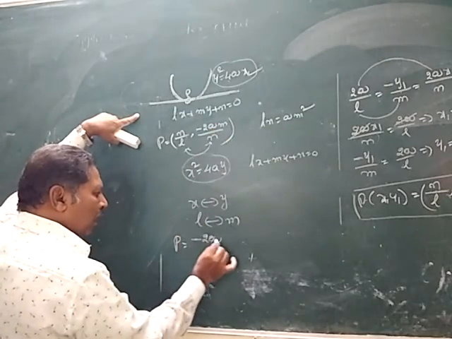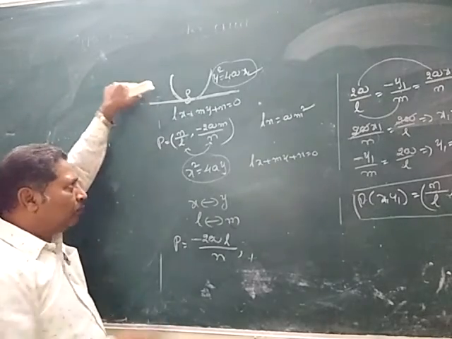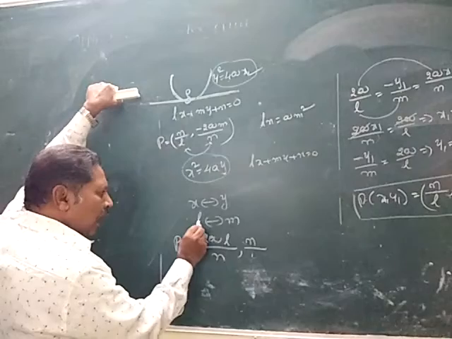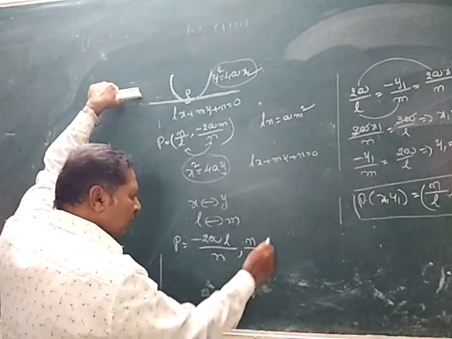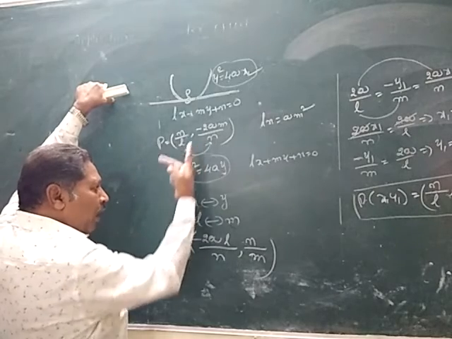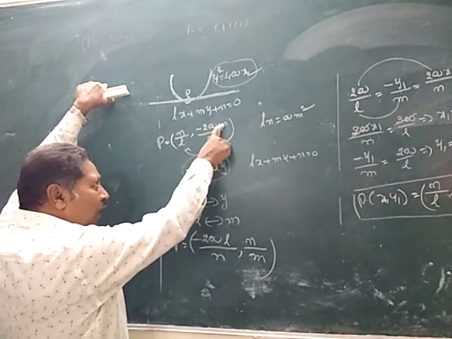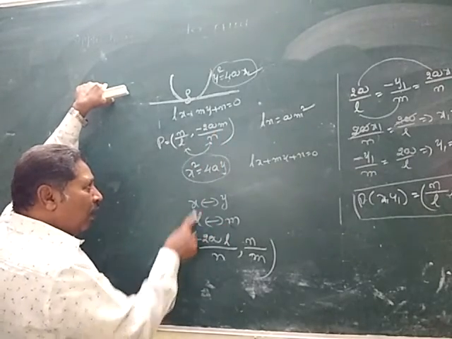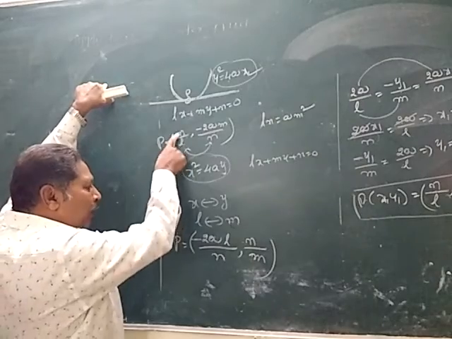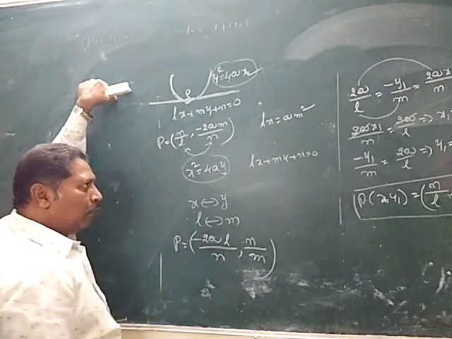M becomes L by N, and N by L becomes N by M. Interchange the x, y coordinates and also the L, M letters.